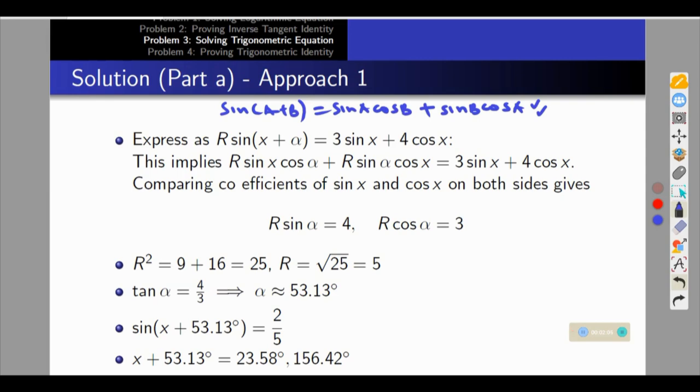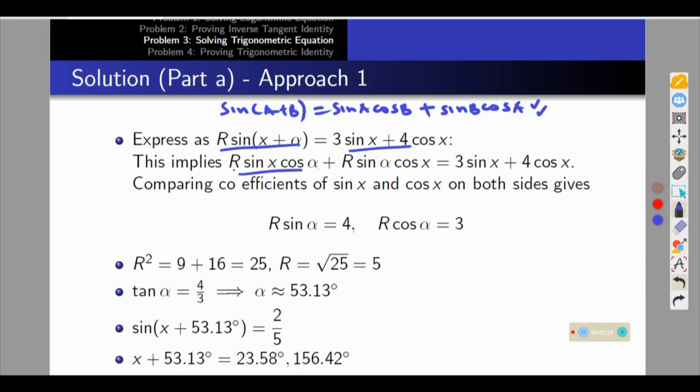expansion from compound angles, we express r sine of x plus alpha as r sine of x cos of alpha plus r sine of alpha cos of x, and this is equal to 3 sine x plus 4 cos of x. So from there we shall get the coefficients of sine x on both sides.